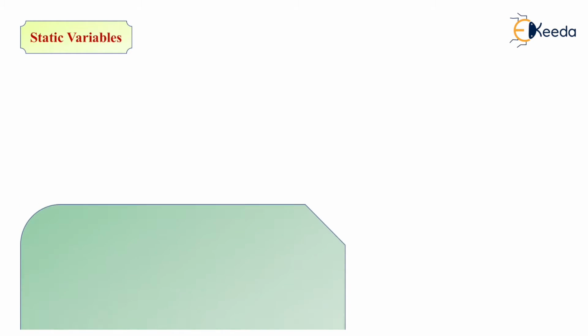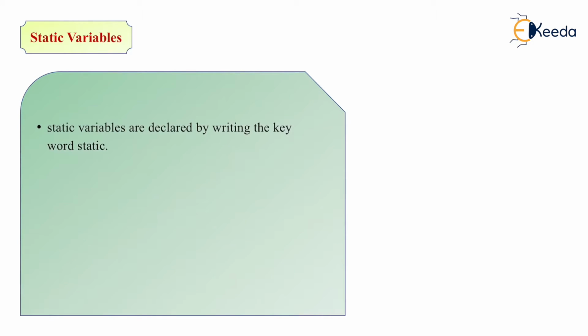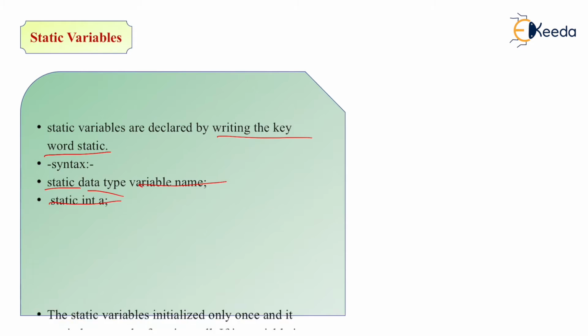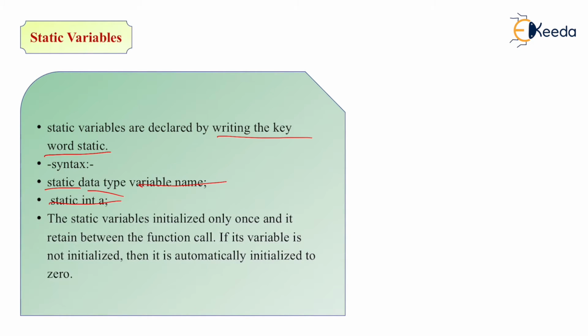Next is static variable. Static variables are declared by writing the keyword static. Syntax is static, then whatever the data type of that variable and the variable name, like static int a. The static variable is initialized only once.